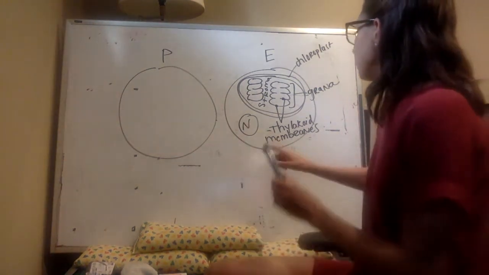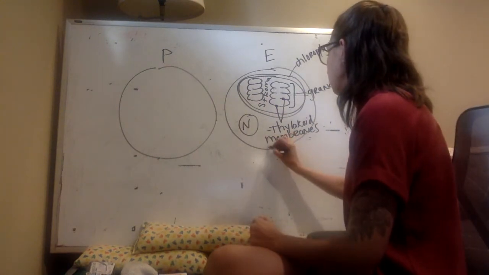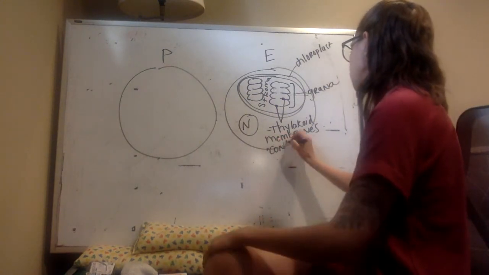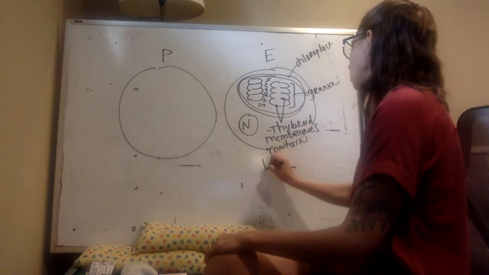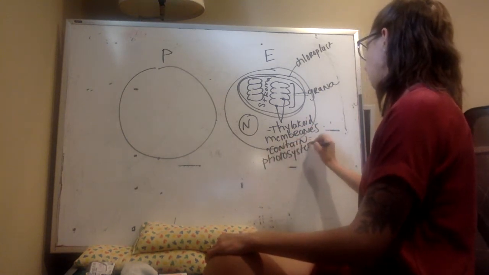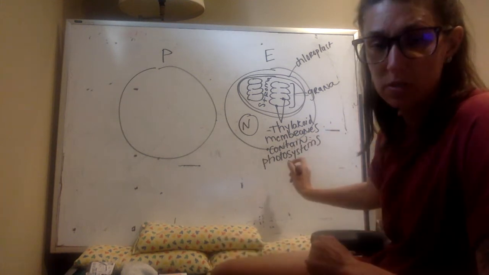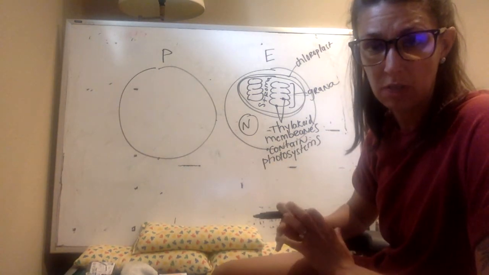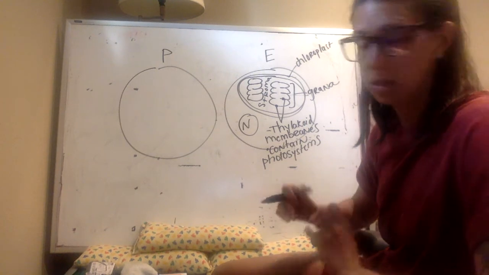All right, so the thylakoid membranes contain photosystems. These photosystems, like I said, are associations of the chlorophyll plus pigment molecules.